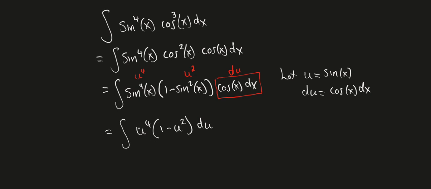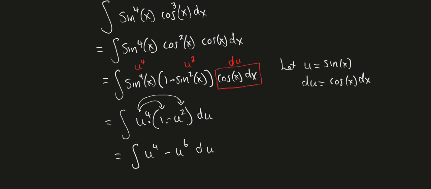Because all I have to do now is distribute the u to the fourth, and then I'll be able to use my power rule, right? Because I still have a product, I have to distribute that u to the fourth before I use my power rule. So that's what I get when I distribute the u to the fourth. And then let's integrate this. And we're going to end up with 1/5 u to the fifth minus 1/7 u to the seventh plus c.